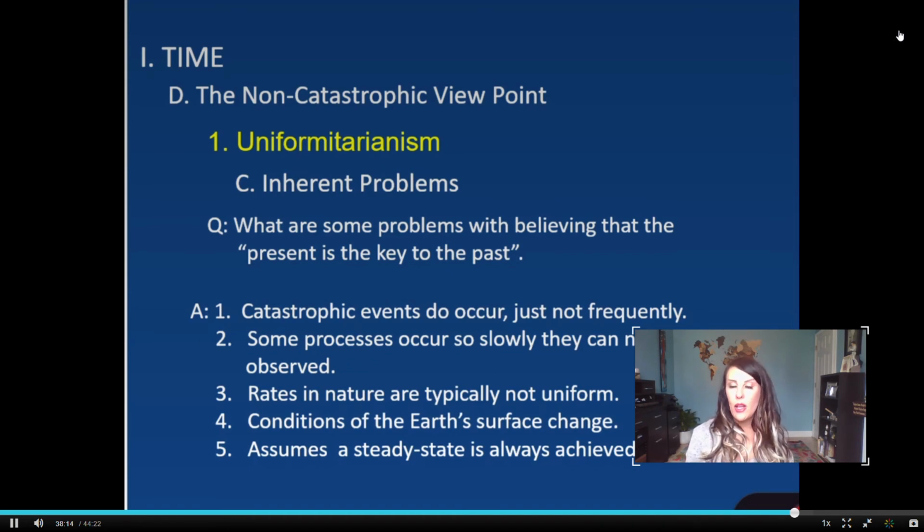what we do know, and what even Chuck Lyell talks about in his book, is that catastrophic events do occur, they just don't occur frequently. So the landscape is changing catastrophically, but also non-catastrophically.